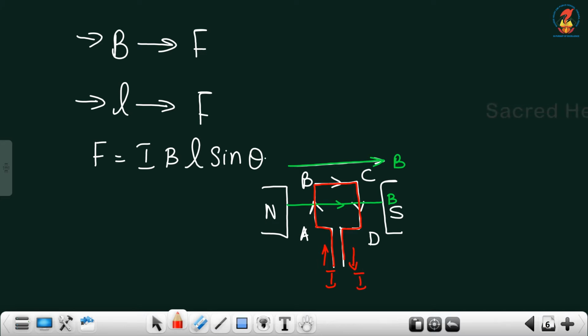Now, the angle between the direction of current and the direction of magnetic field, here it is 90 degree and here it is 0 degree.